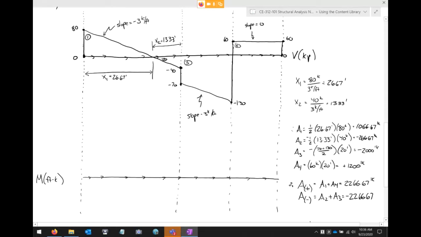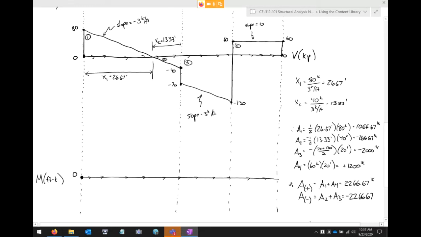Same story: we start at 0, end at 0. Now we're going to take this slowly and make sure that we're clear on this. So we've got 4 regions, which means we've got 4 different components of the diagram that we've got to draw.